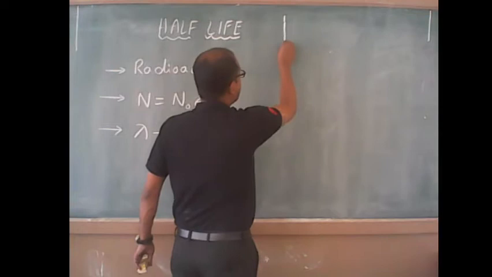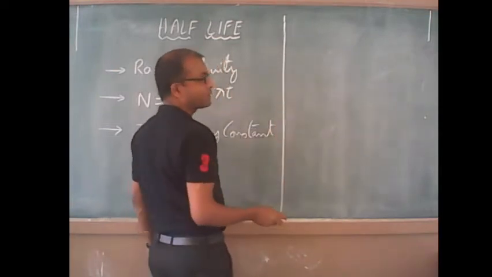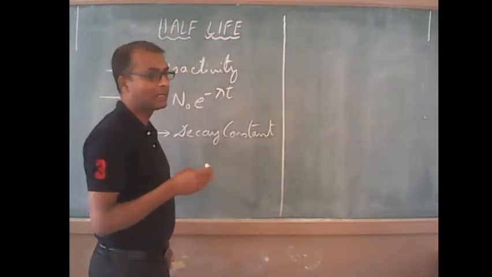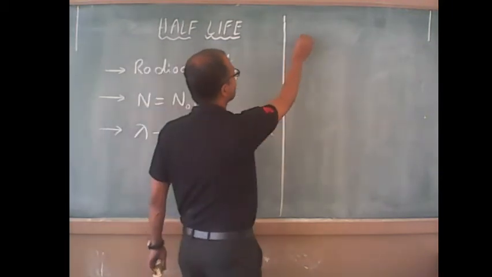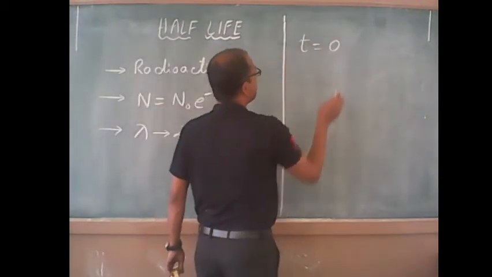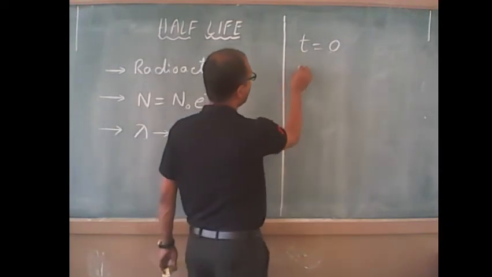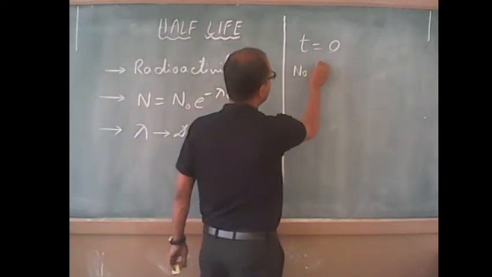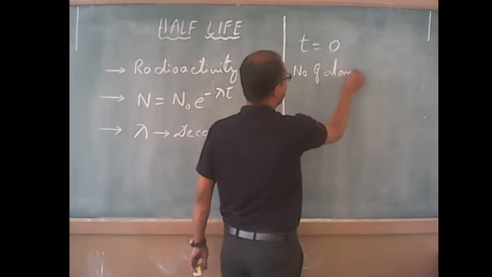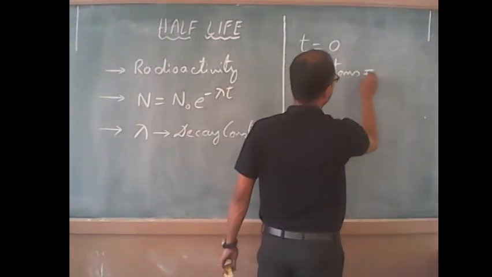Let us say that we start our clock, we start measuring time, at an instant t is equal to 0. Let us say the number of atoms of the radioactive substance at that instant is equal to N naught.